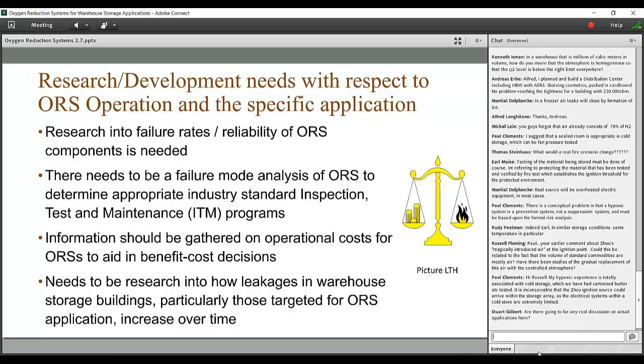I think we also felt that we need more information on operational costs for RO systems in order to aid cost-benefit decisions. As you can see in the picture, it's a balance between investment and the type of fire safety requirements you have. In certain cases, leakages can be very low.